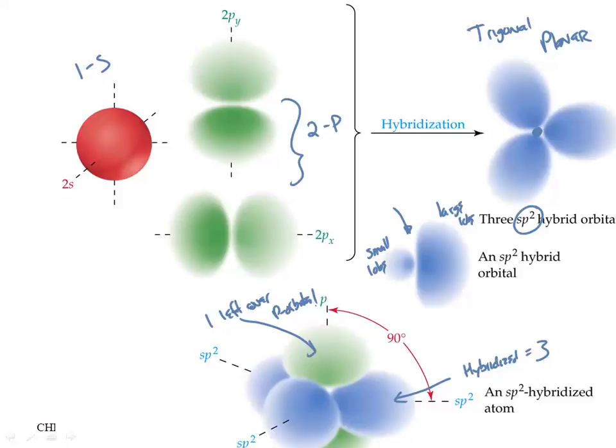So for instance, if we take a look at the molecule that looks like this, it's probably the easiest example. This has that trigonal planar shape. And so somehow we need to explain the carbon-carbon double bond.